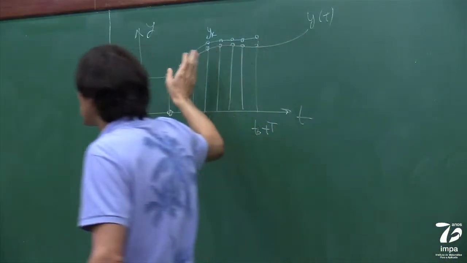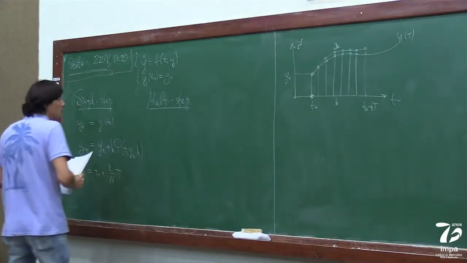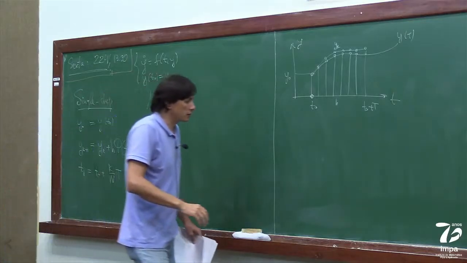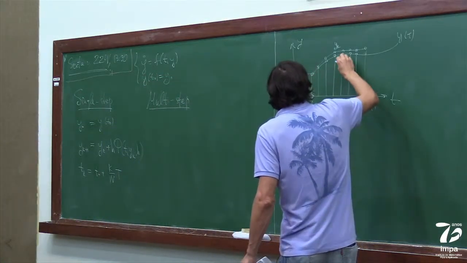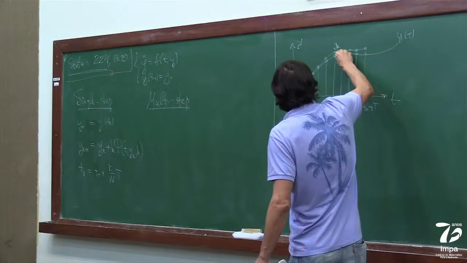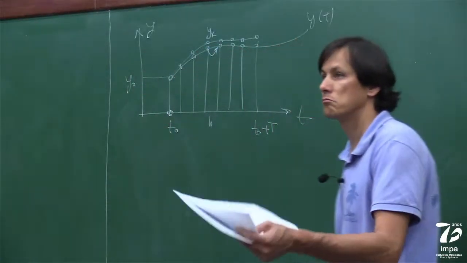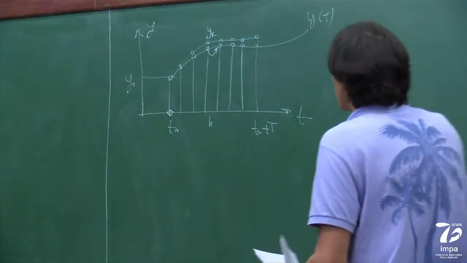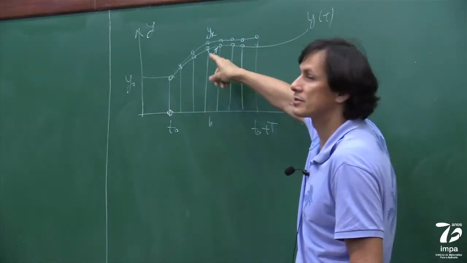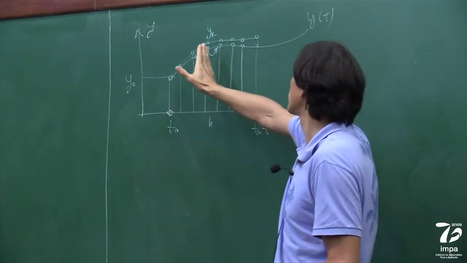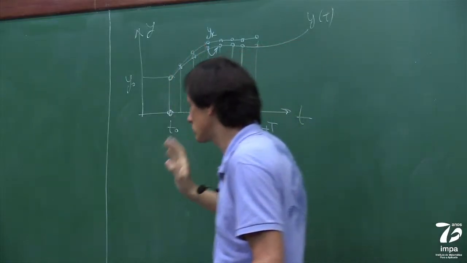This is the single step scheme. The idea is that the only information you use is what was in the previous step. Still, you can make some more calculation inside this interval, but the input is just the previous step.